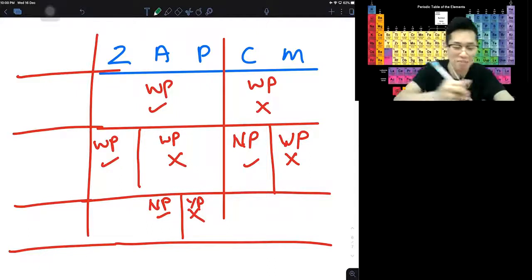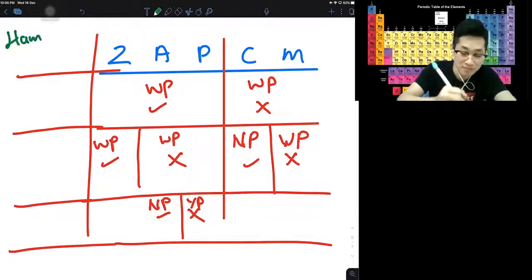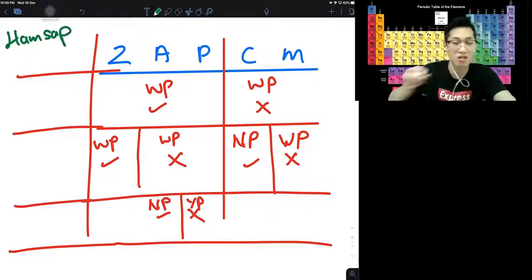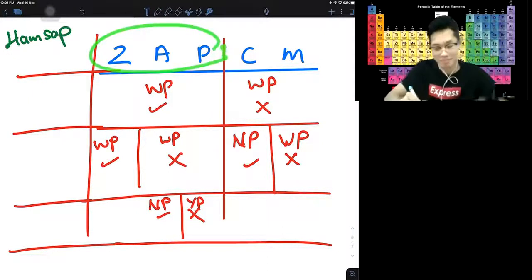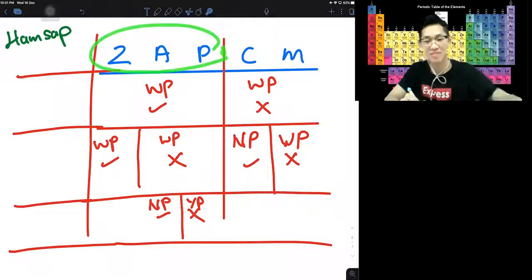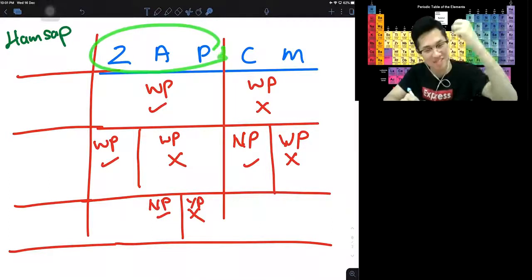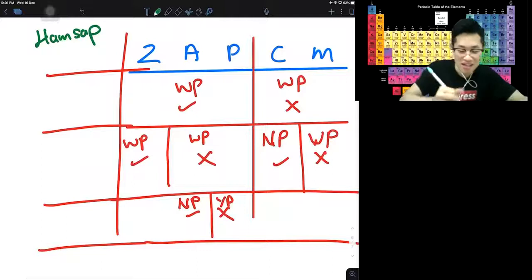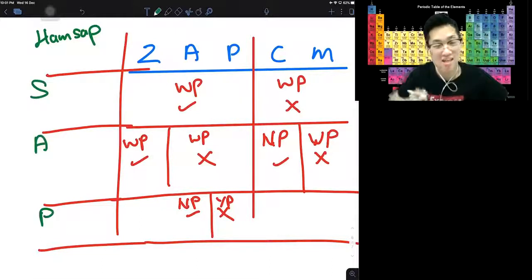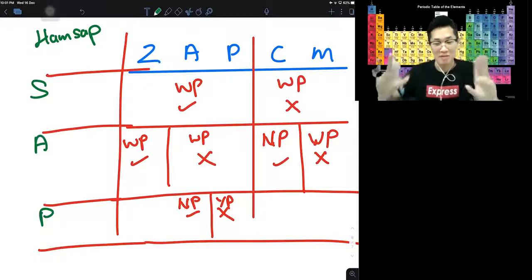If you know what is hums up, then you should be able to do the one on the left-hand side. On the top is zap, ZAP zap. Yes, even Putra also knows what is hums up. Zap is a pickup. Zap is actually Cantonese, not even Mandarin. Okay. Here is sub, SAP. Zap and the sub. You can remember it like this.